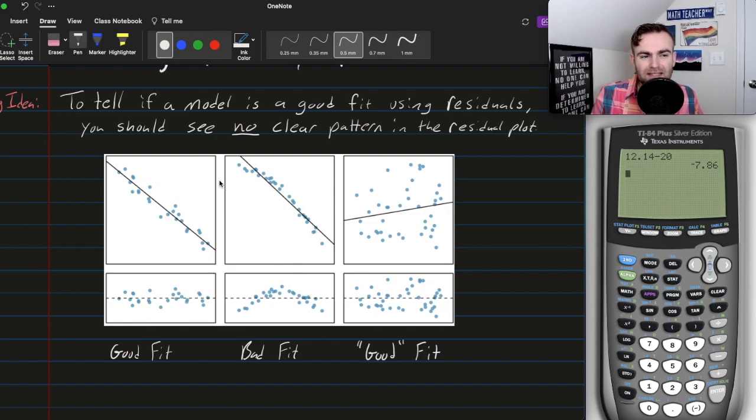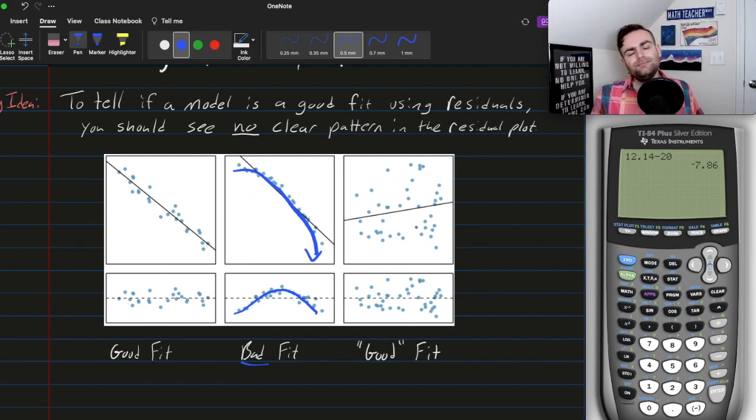This data kind of looks like an upside down exponential, if I were to guess. And we can see that there's a parabolic pattern to the residual plots. So this is what we would call a bad fit. Something else would probably fit better. And in this case, it would probably be an exponential.